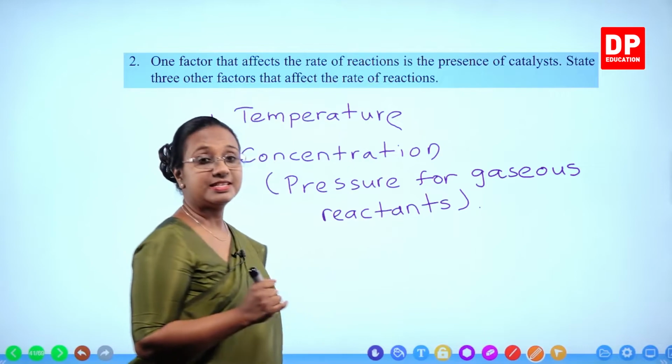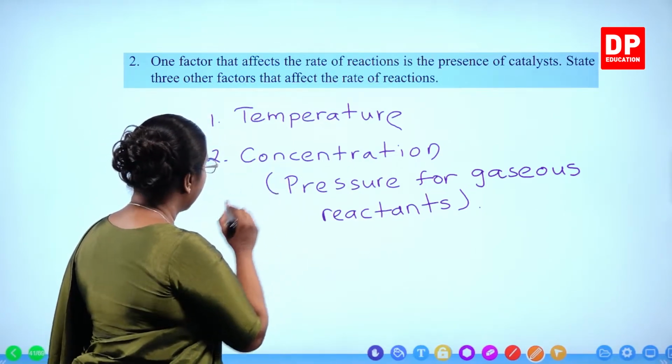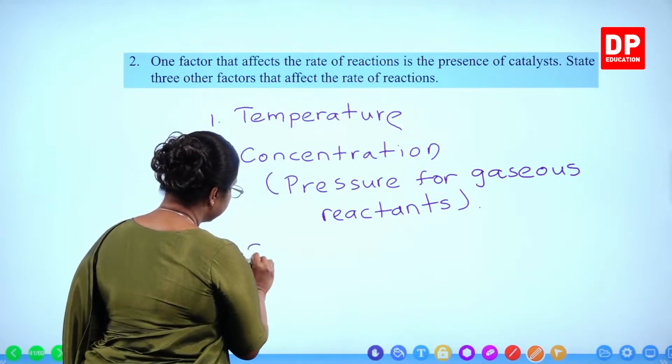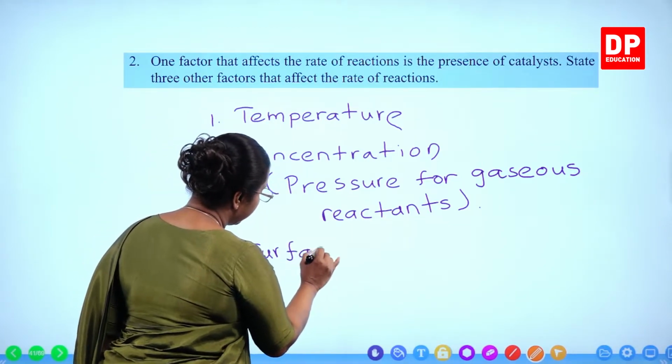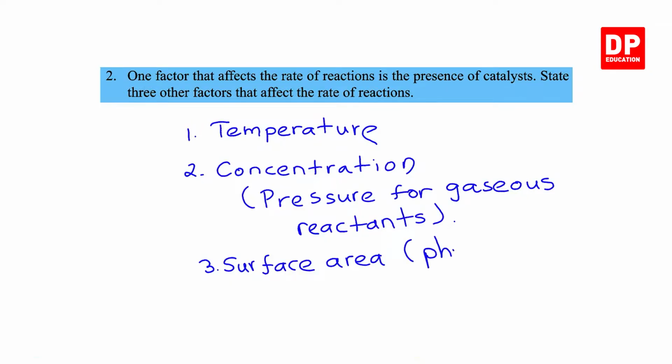So pressure of gaseous reactants, but otherwise we say it as concentration. And also there is the surface area, or what we say as physical nature. So you all know how they affect the rate of reaction.